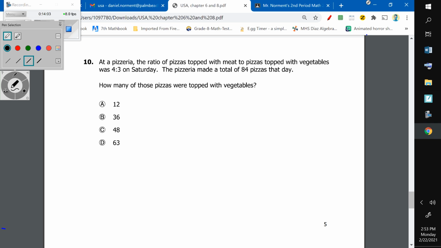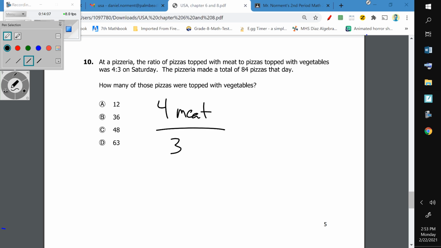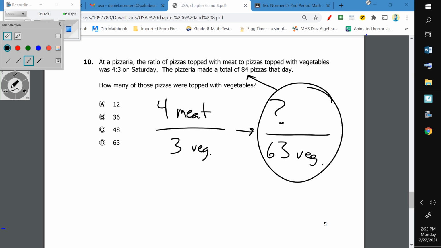So you're going to take this ratio, 4 meat to 3 vegetable, and whichever proportion you use, they want to know how many of those pizzas were topped with vegetables. So if the answer is 63 vegetables, then whatever this number is, after you solve, they're both going to add up to be 84.